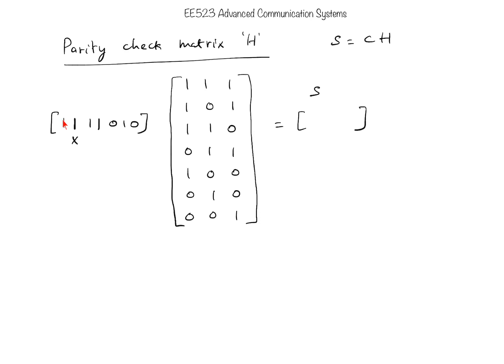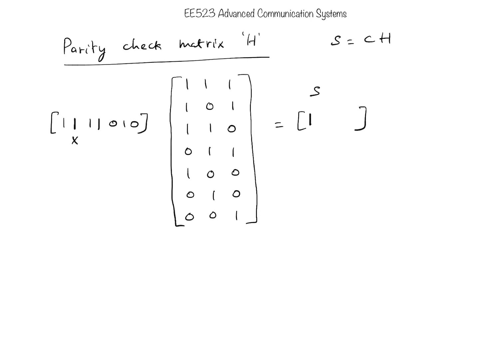So 1 into 1 is 1, 1 into 1 is another 1, so that's 2, 1 into 1 is another 1, so that's 3, 1 into 0 is 0, 0 into 1 is 0, 1 into 0 is 0, 0 into 0 is 0. So we have a total of 3 here. So 3 modulo 2 means 1. So the first bit position in the syndrome is a 1.